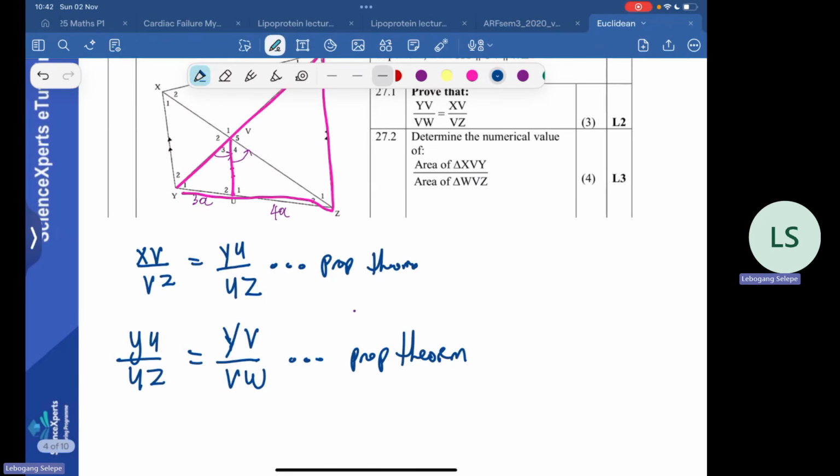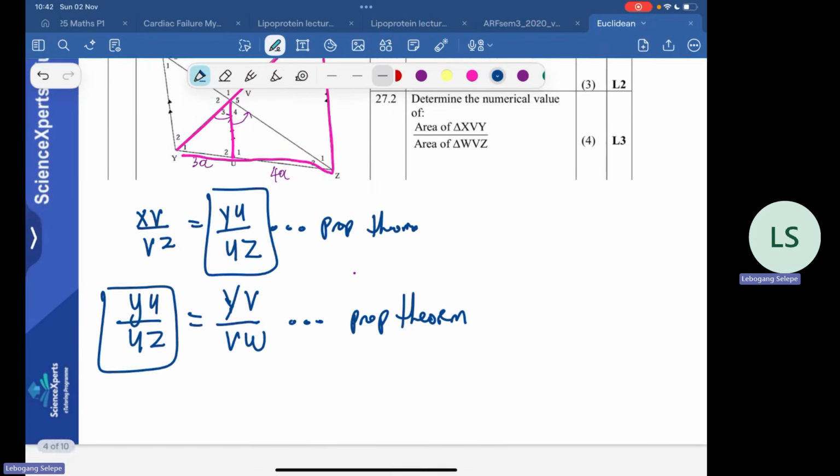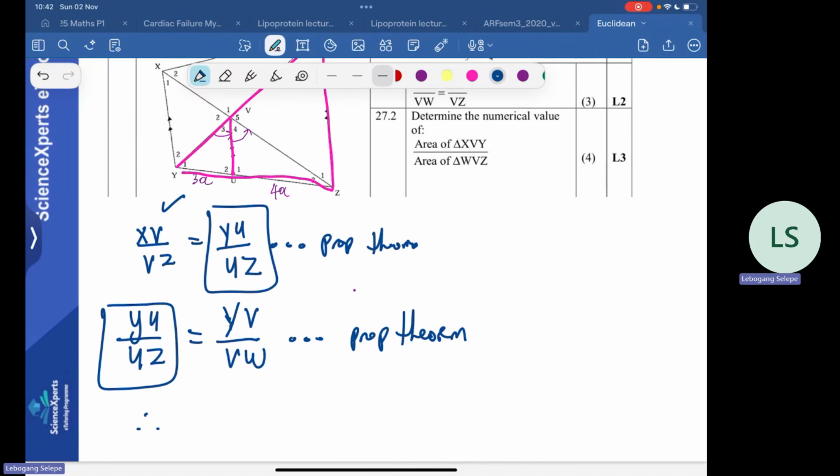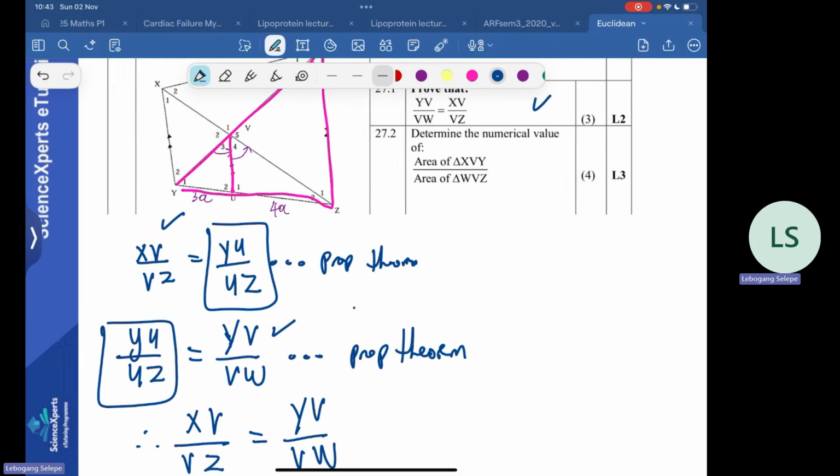So now look, this one is okay. Wait, let's see which one is common. This one and that one, it's the same thing, right? So therefore this would be equals to that. Xv over vz would be equals to yv over vw, right? So we've proved the 3 marks, right?